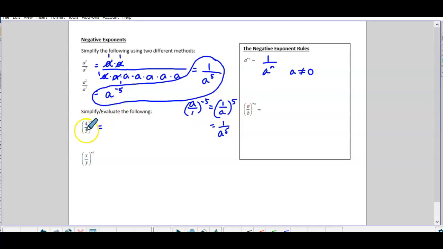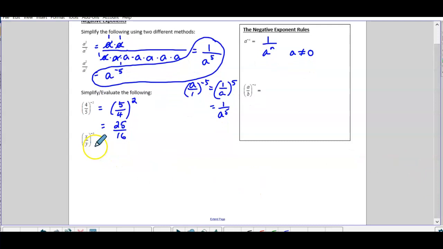So here, though, it's a fraction. So we need to take the reciprocal, and anytime you take the reciprocal of the base, it changes the sign of the exponent. So now we have an exponent of positive 2, and we can evaluate that. That's going to be 25 over 16.